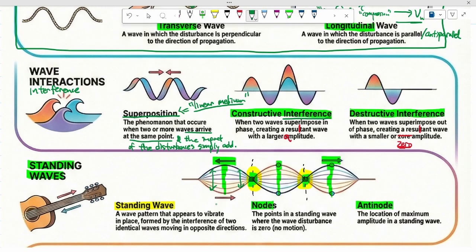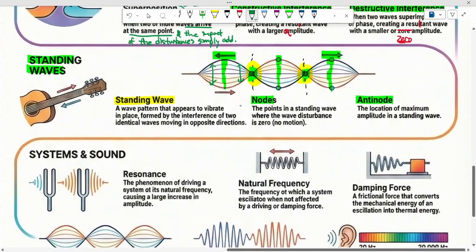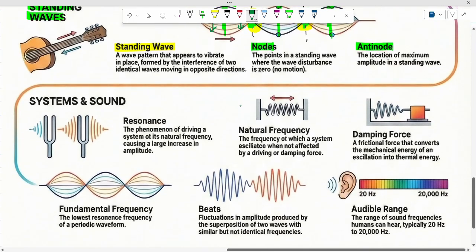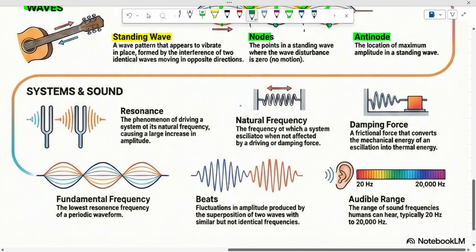All right, so I think we have some additional terms referring to sound and the systems. Some of these terms really should have occurred above, but for whatever reason, this infographic was generated with these at the end. So resonance and natural frequency is something that you see in the context of oscillation.